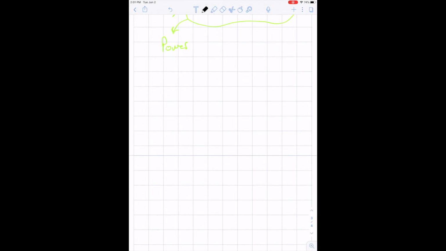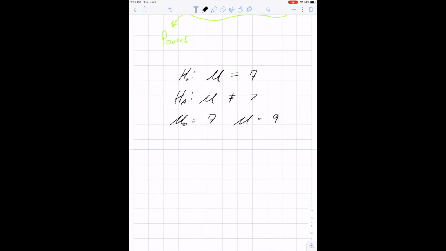So that would look something like H naught: mu equals, let's say, 7. HA: mu does not equal 7. And say our mu naught then obviously is 7. And let's say our true mu is going to be given for these types of problems. So we'll say it's 9.